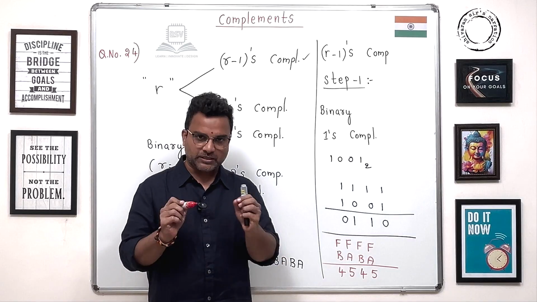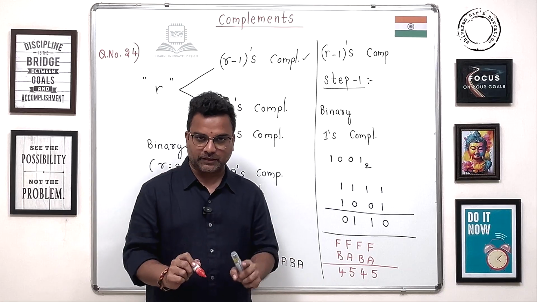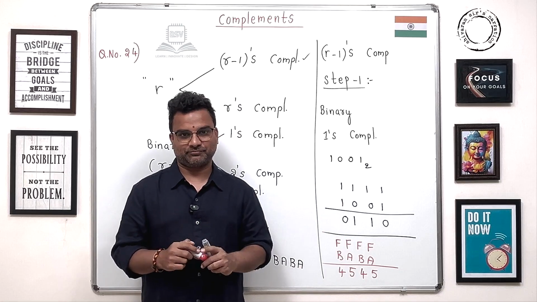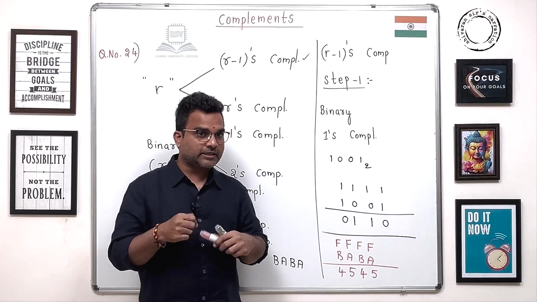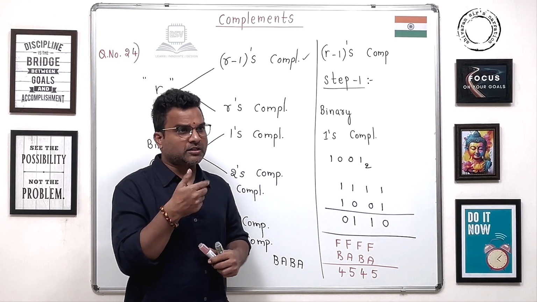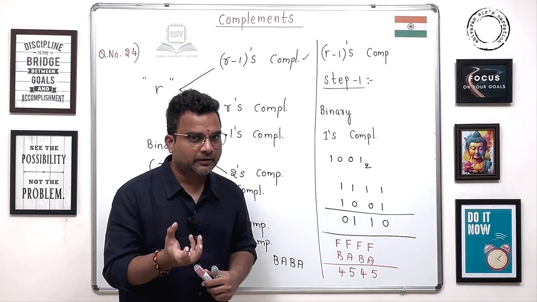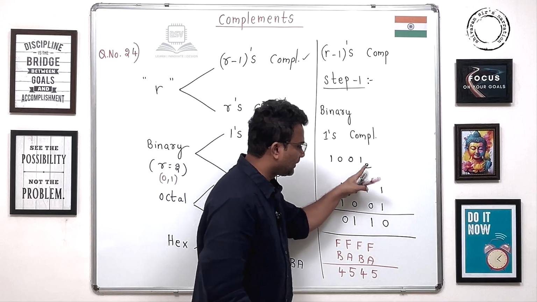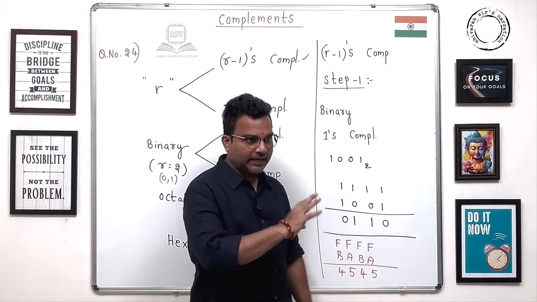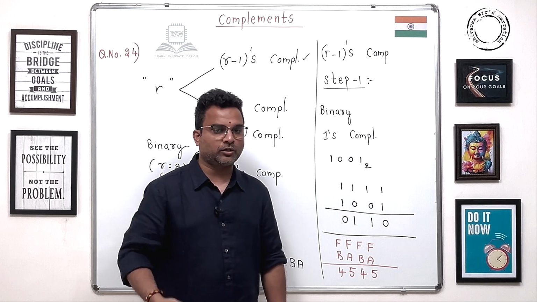For any number system, you just need to subtract from the maximum possible value present in that number system. Now it's time to discuss r's complement. Is it r's complement or r minus 1's complement? How do you decide? They will give us the radix. If the radix is 2, then 1's complement will be r minus 1 only.